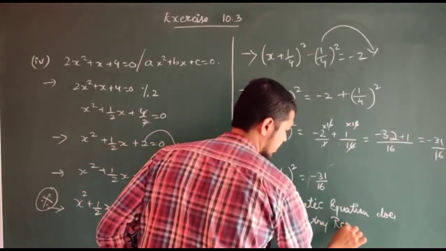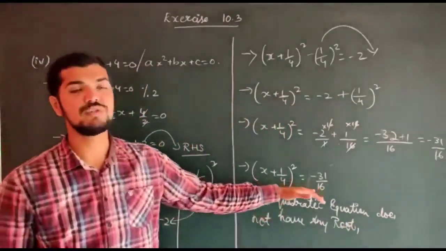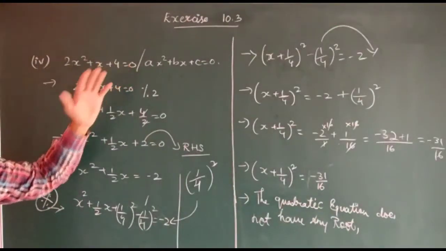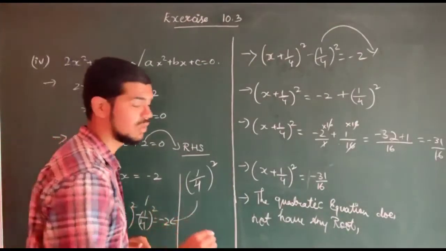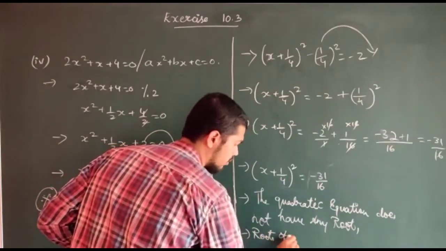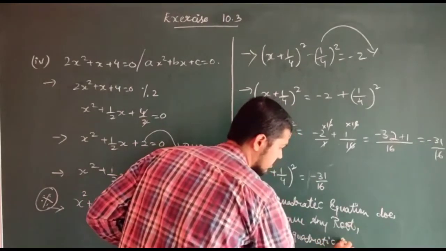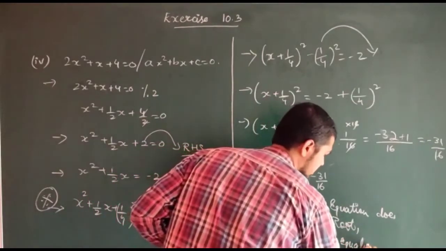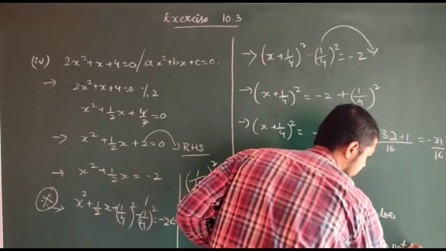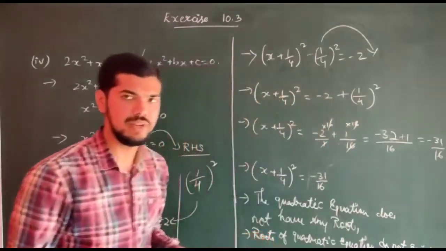In other words, you can write that roots of this quadratic equation, that is 2x square plus x plus 4, do not exist. In simple words, you can write roots of the quadratic equation in this case do not exist. Is it fine?